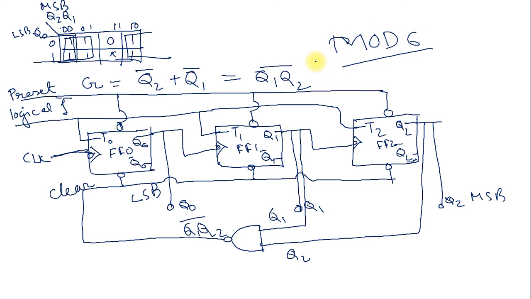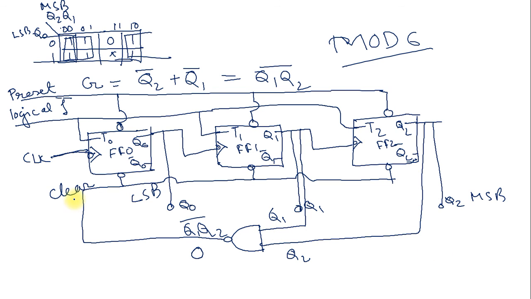We can verify the truth table of this counter. When Q1 and Q2 both are 1, this Q1 Q2 complement is 0. So when it is 0, all flip-flops are forcefully initialized, that is 0 0 0: Q0 is 0, Q1 is 0, Q2 is 0.